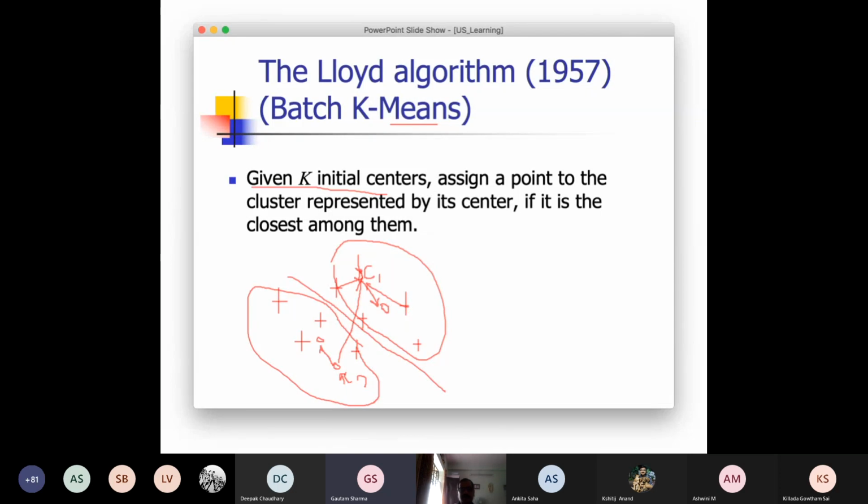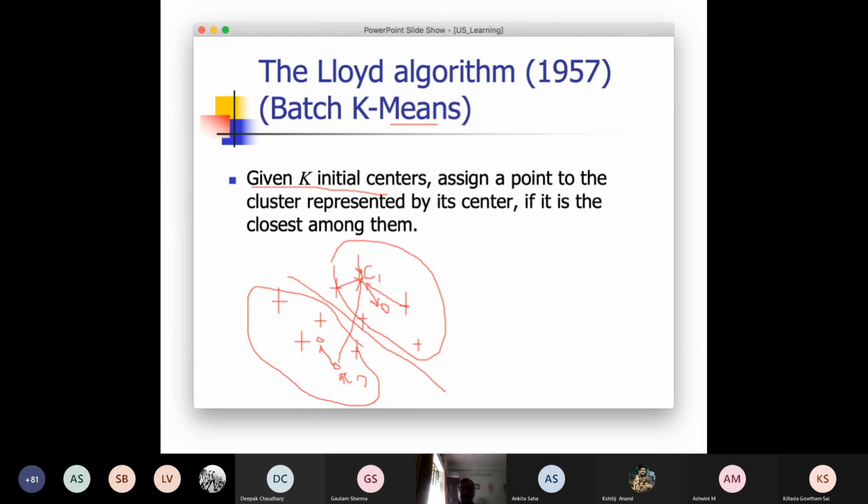For all the data points you do it, and you get the outputs. Then we find the mean of both of the clusters, shift the centers, and repeat this algorithm. Very good. Right, exactly. Thanks.